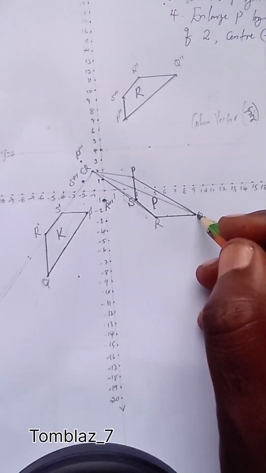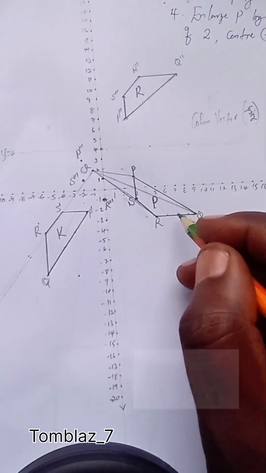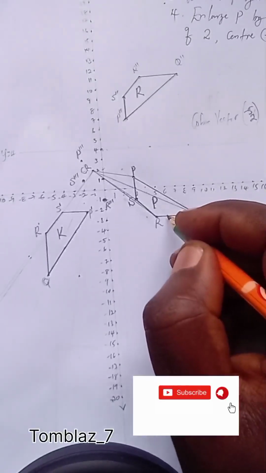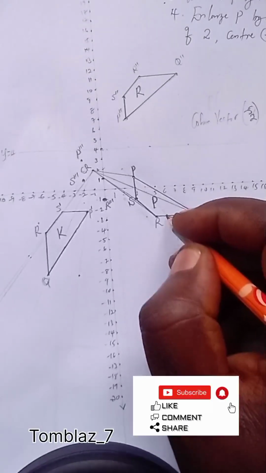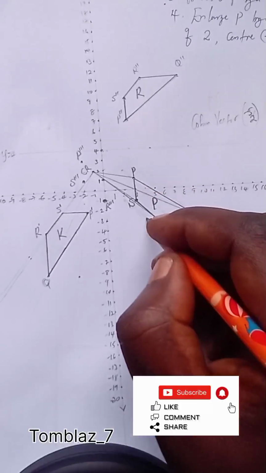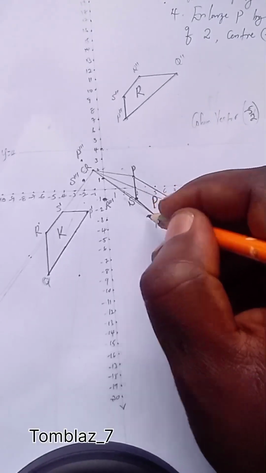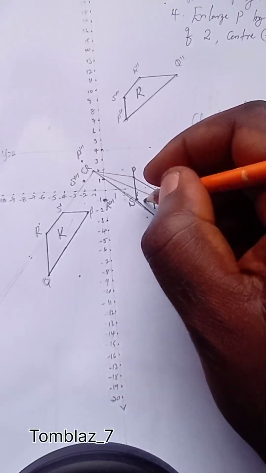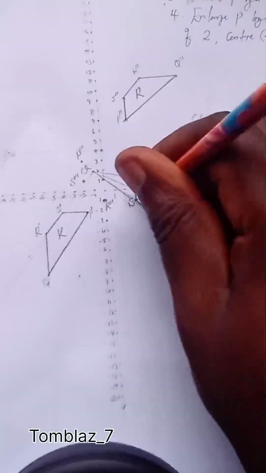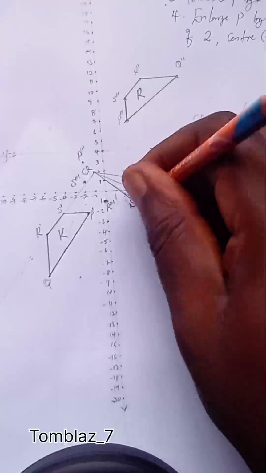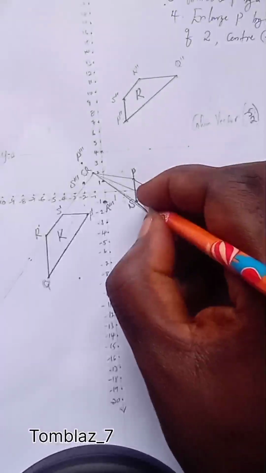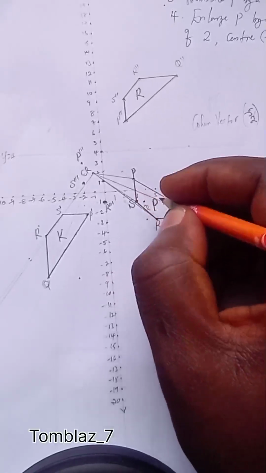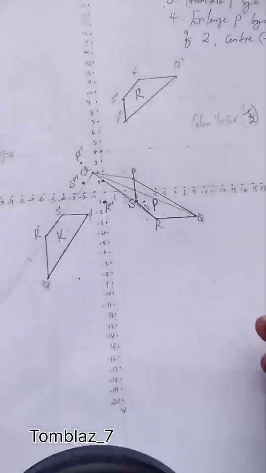Then let's do for q. Q, let's move 5 here and 2 up. So we have 1, 2, 3, 4, 5, and then 2 up. 1, 2. So this is where the new q will be. So this is the new q here. So let's connect the points.